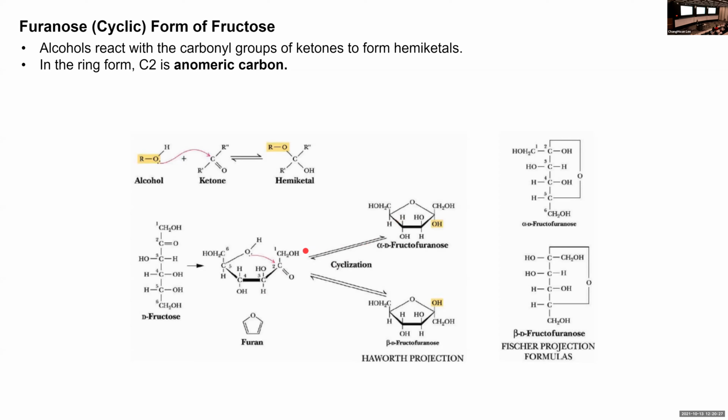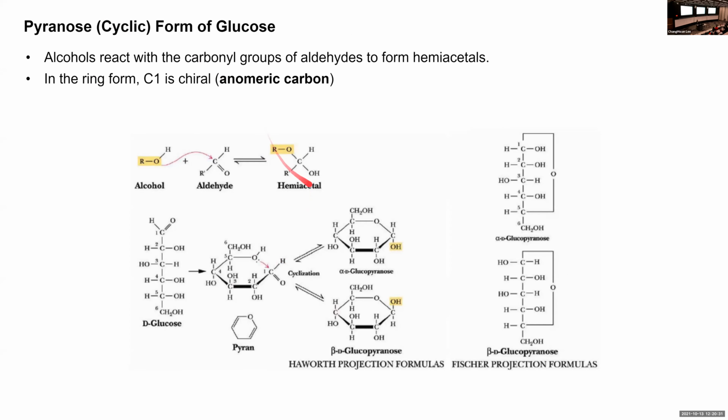But keep in mind that this is different from pyranose, where it forms the six-member ring, right? So all the carbons, except for the last acetyl group, are going to be within the ring. So only this CH2OH is going to be exocyclic, right?